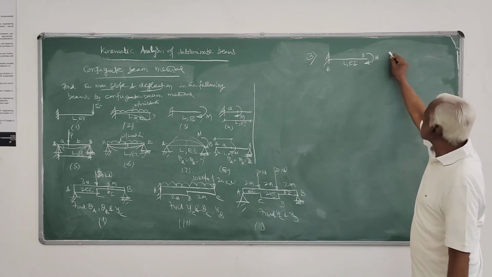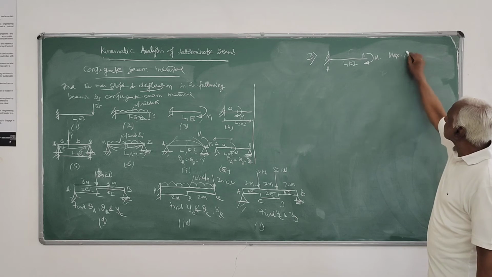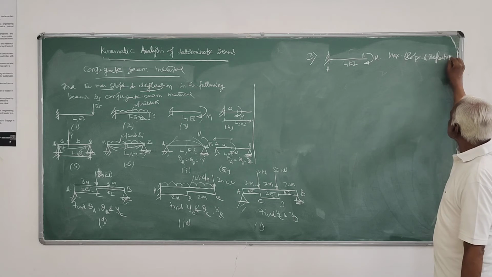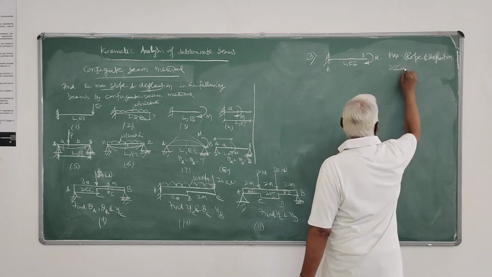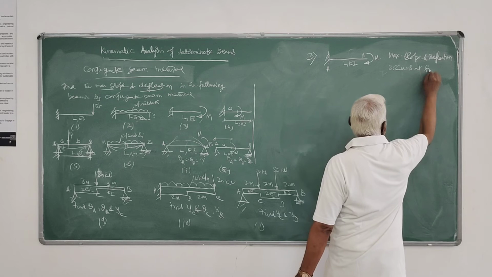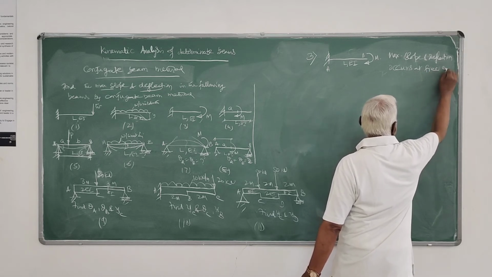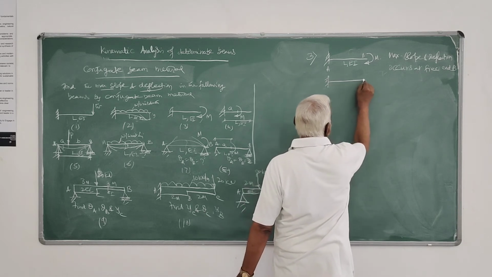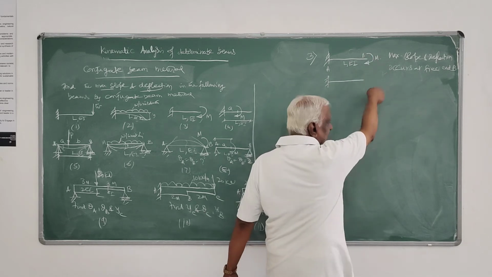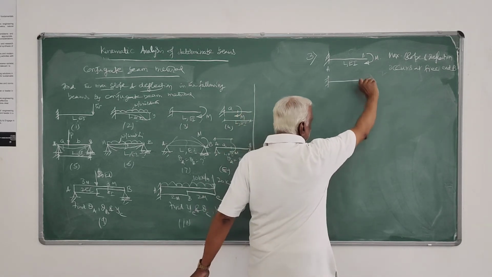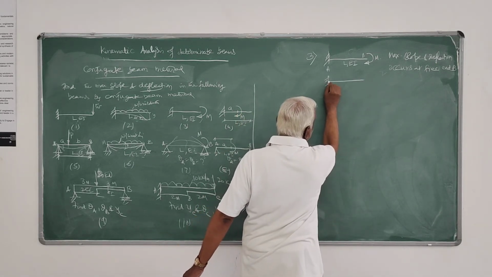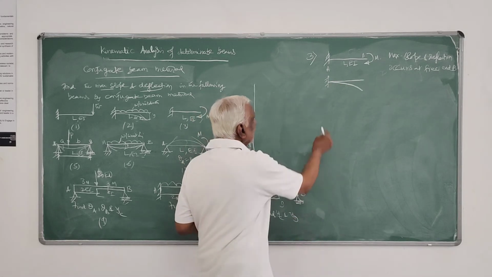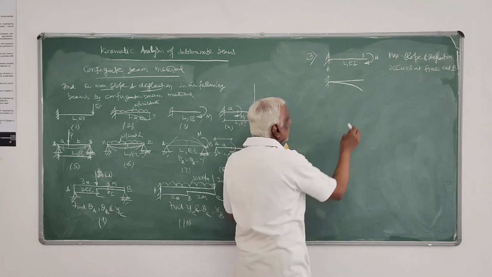So you first say maximum slope and deflection occur at free end B. You can just sketch it and show, because the moment will be acting like that. When the moment acts like this, it has to deflect in this fashion. I will show it to you exactly at scale. Here it is a fixed end, no displacement.